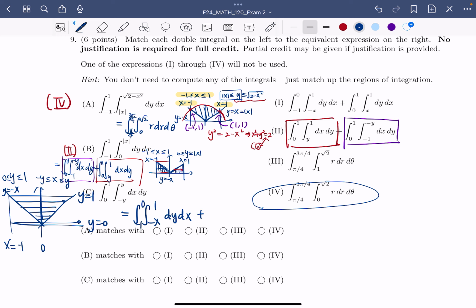And for the right part, dy dx, y goes from y equals x to y equals 1, x to 1. And now x varies from 0 to 1, right? Here.